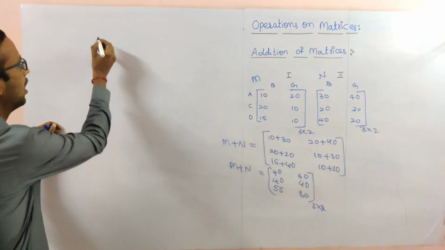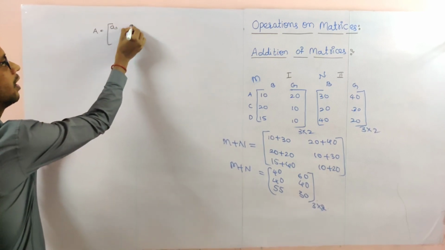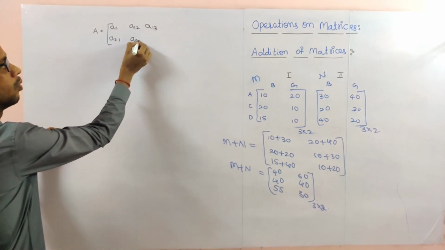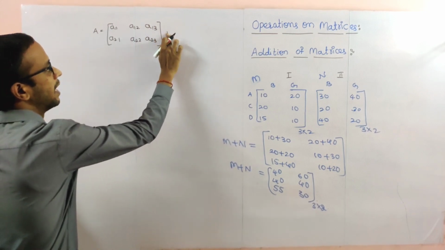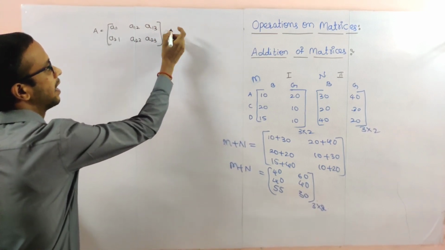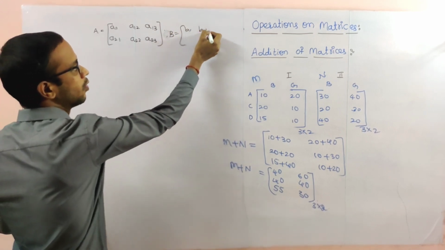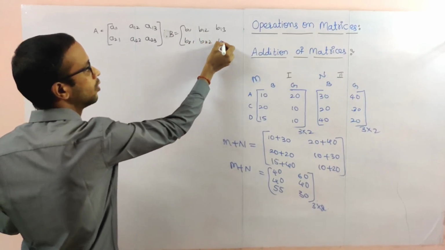So I'll make a generalization here. Let A be the matrix A11, A12, A13, A21, A22, A23, and the B matrix, B11, B12, B13, B21, B22, B23.